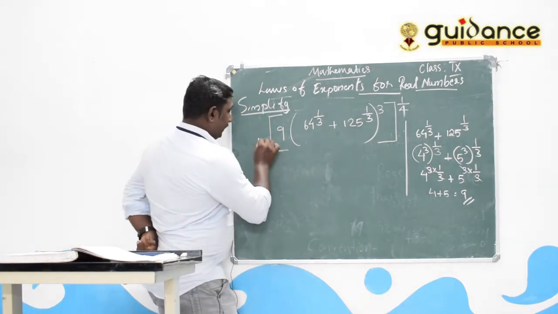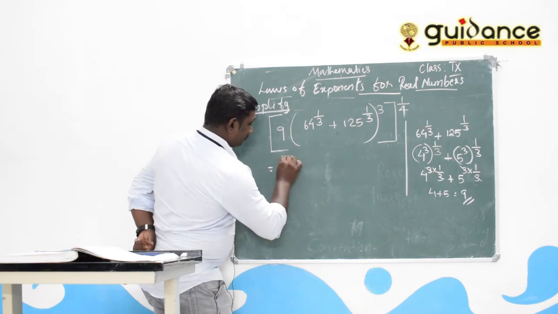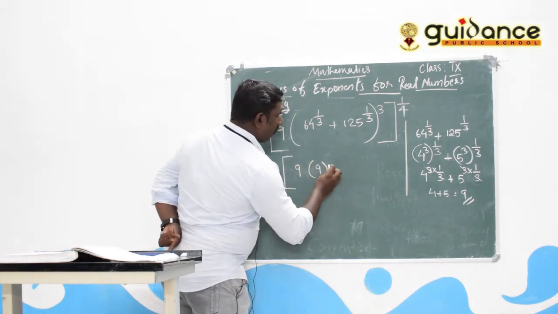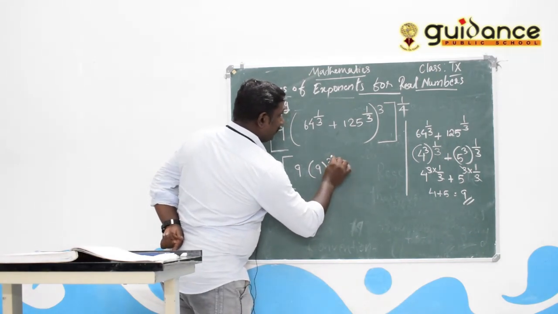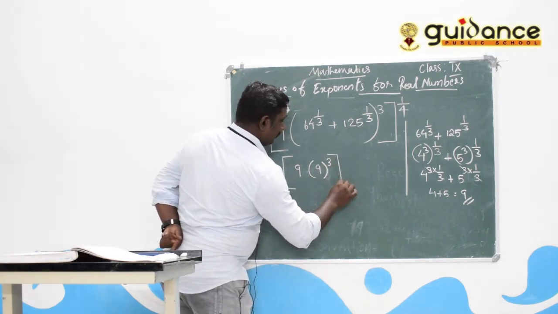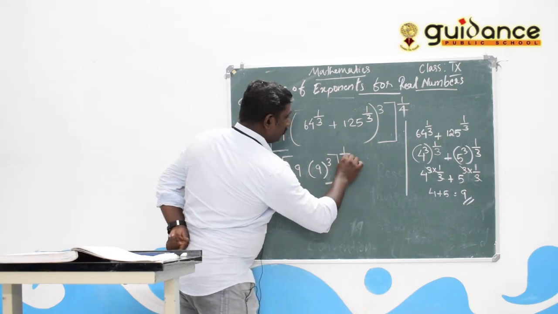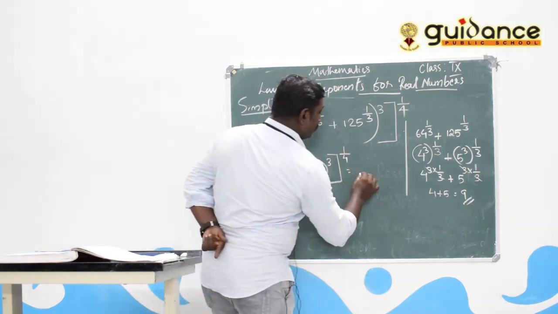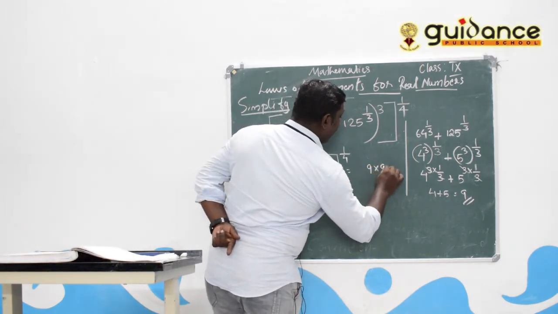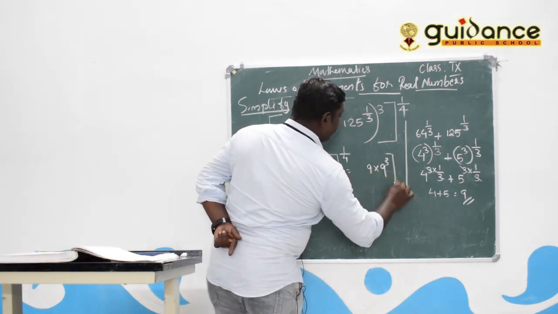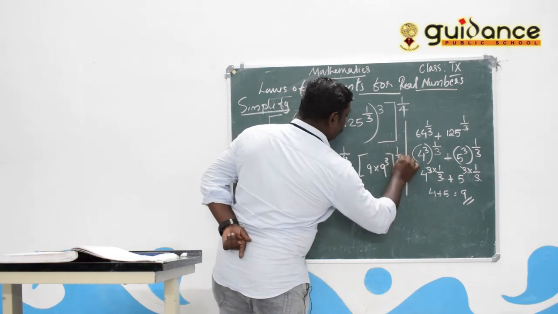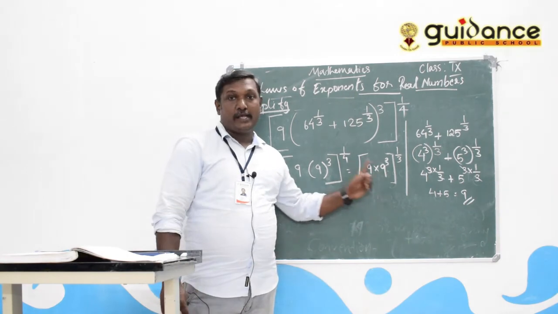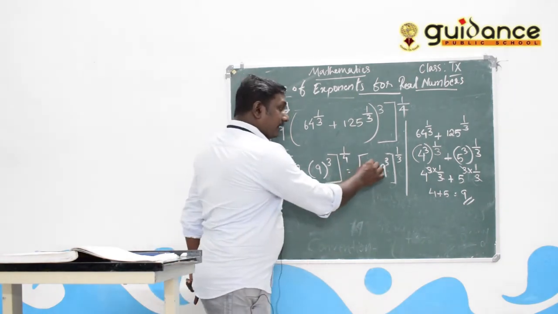So we can write again 9 into bracket of 9, all raised to 3, all raised to 1 by 4. This is equal to 9 into 9 raised to 3, all raised to 1 by 4. This is in the form of a raised to m into a raised to n, where the exponent of the first 9 we can consider as 1.